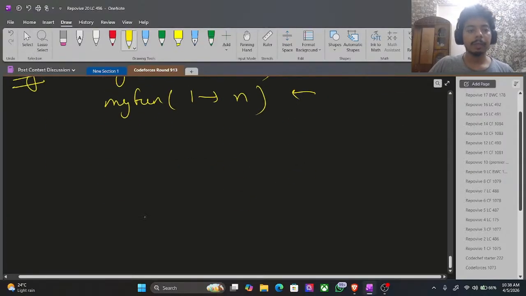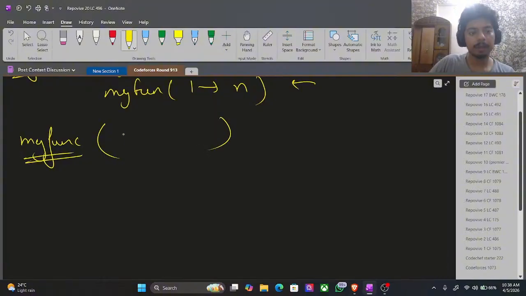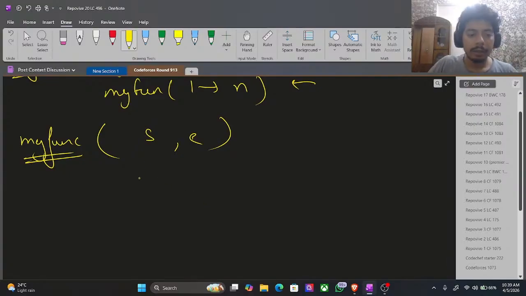In my function, you get a starting point s and an ending point e, which can be either 0 to n minus 1 or 1 to n. Now find the length of the array: length will be e minus s.